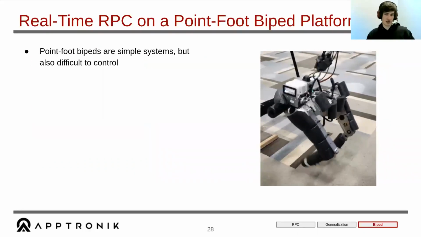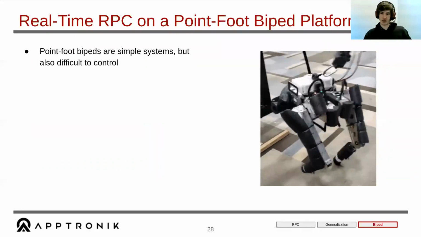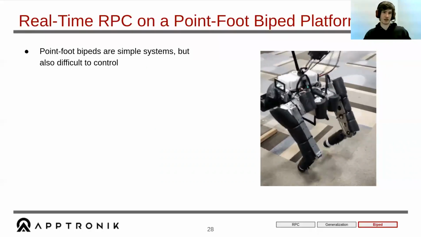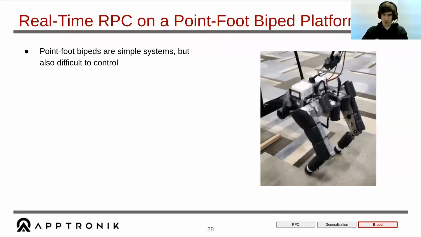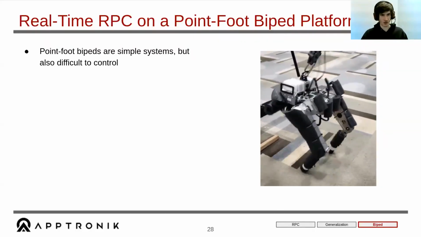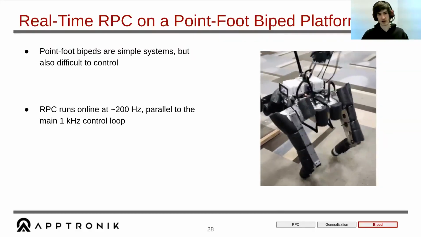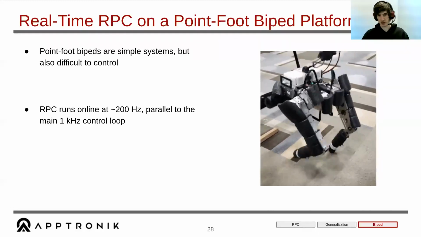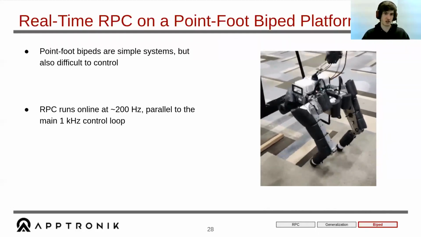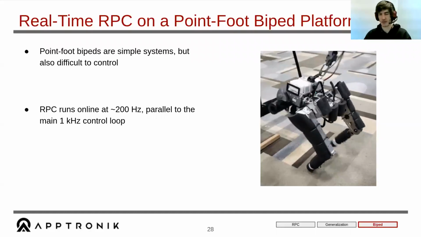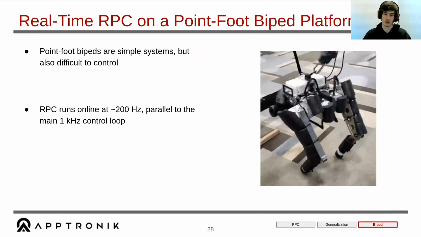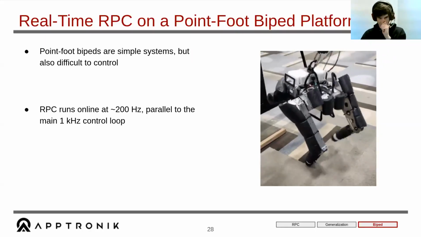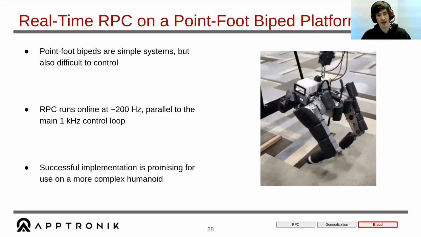So finally, after some weeks of testing, we're able to get this robot walking around. It's a point-foot biped, which means it's a simple system, but it's also pretty difficult to control. The RPC on it runs at around 200 Hertz for the nonlinear optimization, and that runs in parallel to the main 1 kilohertz control loop for trajectory control, swing leg control, all of that other stuff that you need.